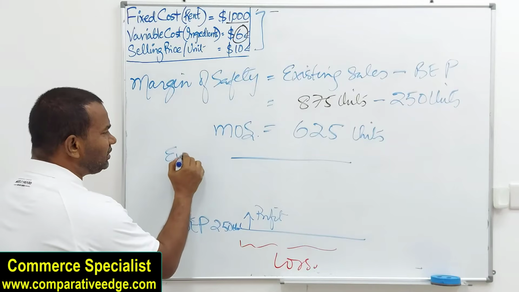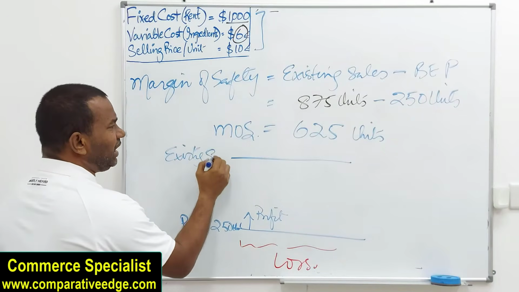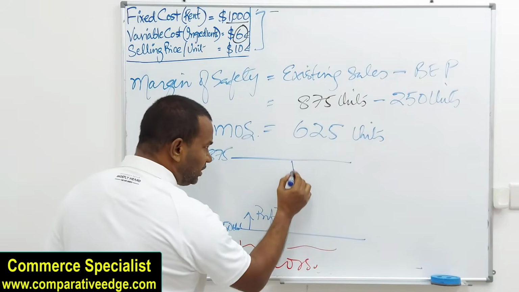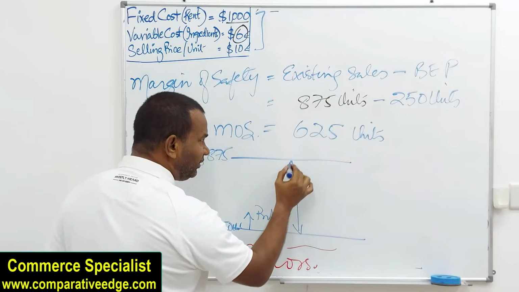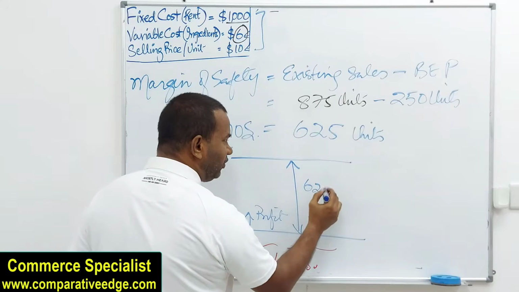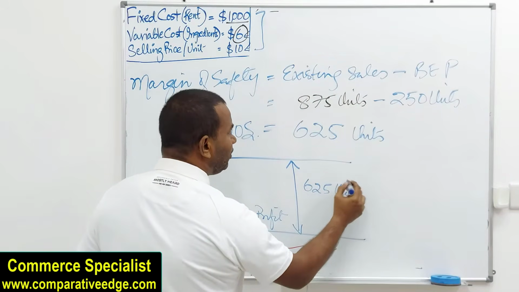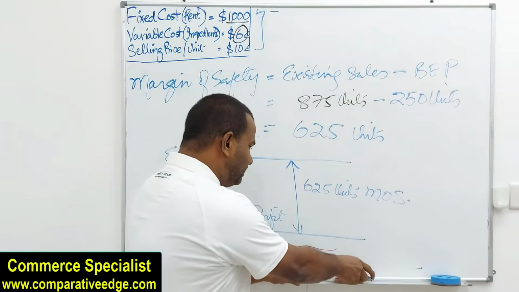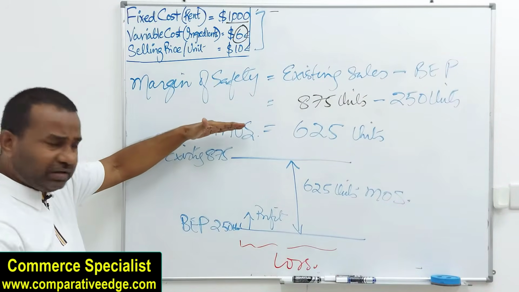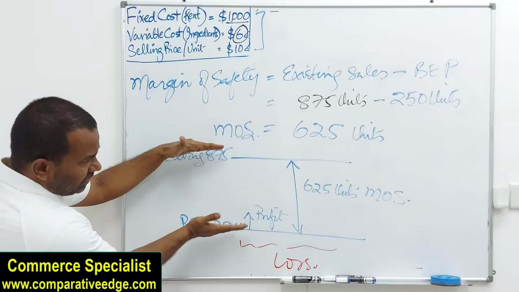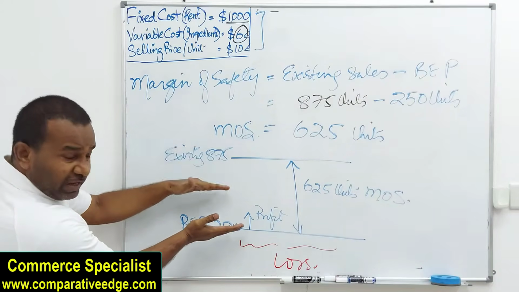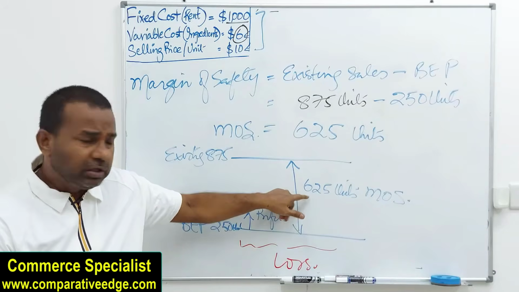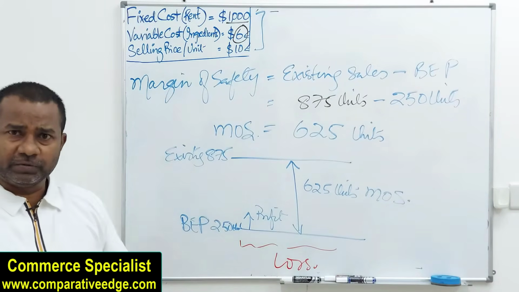At the moment, the company is selling, let's say, 875 units. So this cushion in between, 625 units, is your margin of safety, which means your sales are at 875 units. It may fall, but if it falls by more than 625 units, you may go into a loss region.